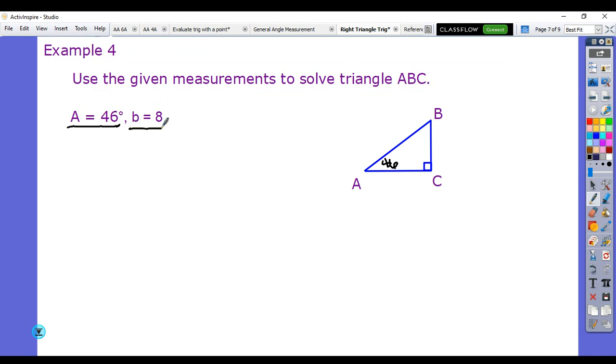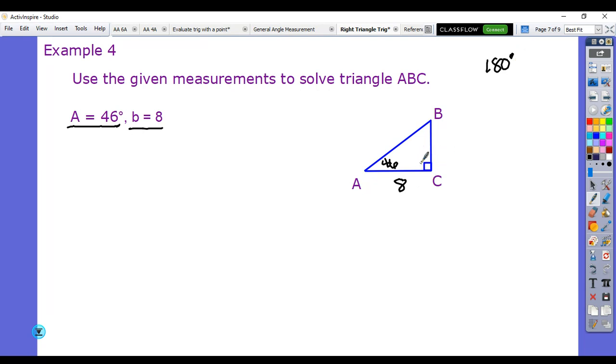Little b is always across from capital B. So I'm going to find B, come across, and this side length is 8. Angles are capitalized, sides are lowercase. Okay, how many degrees in a triangle? If I add up all the angles, there's always 180 degrees in a triangle.